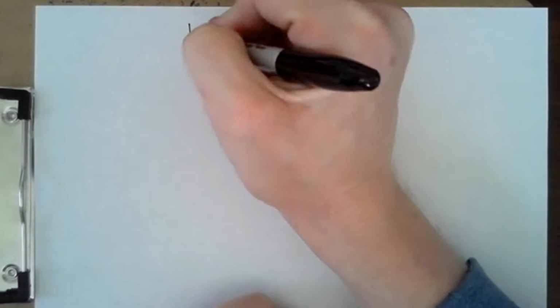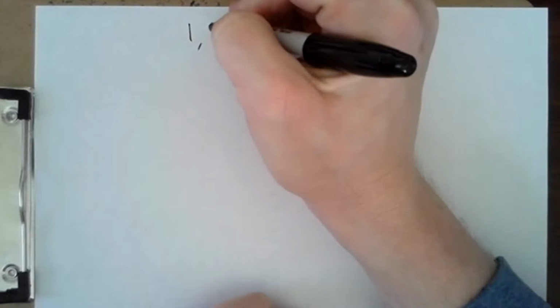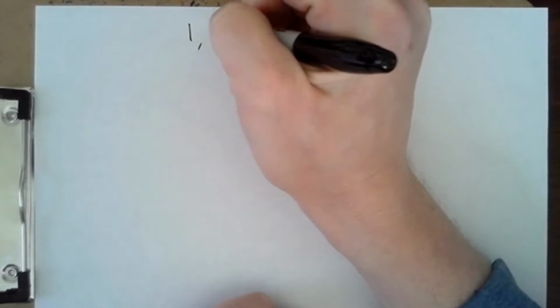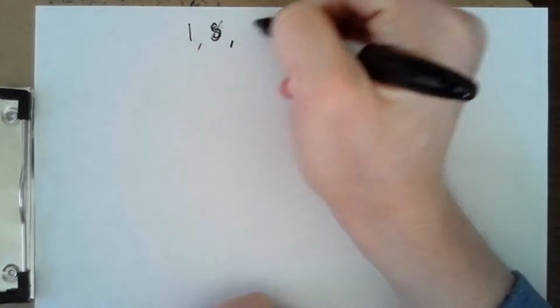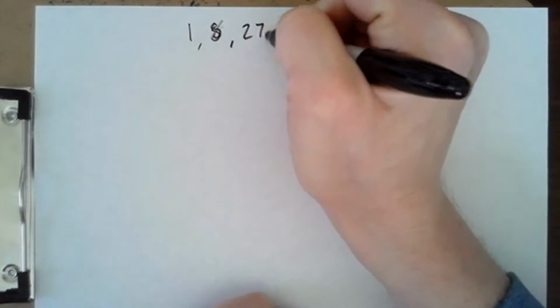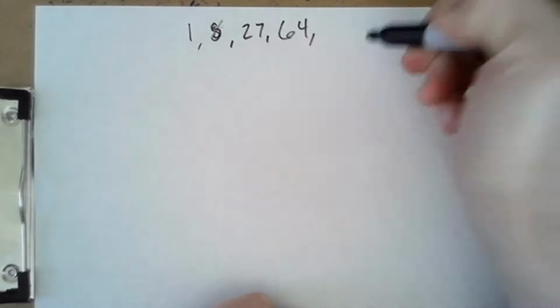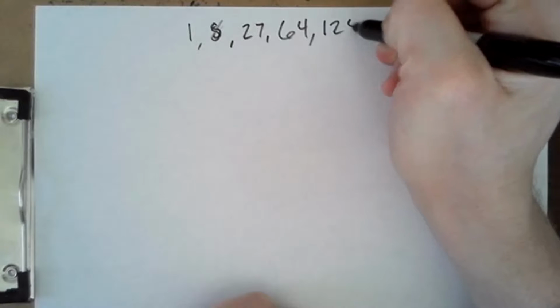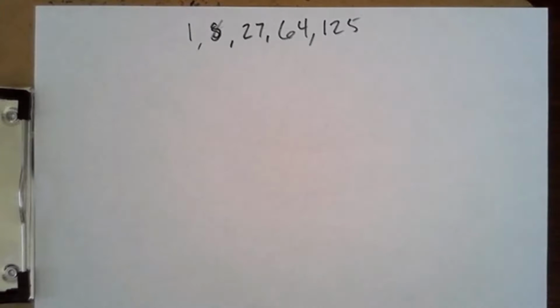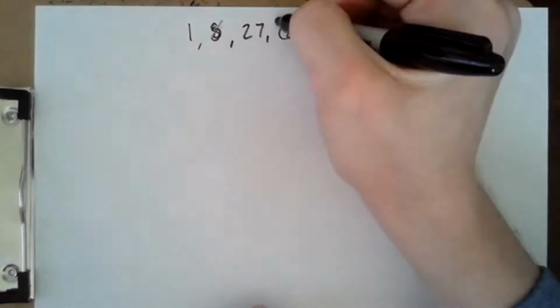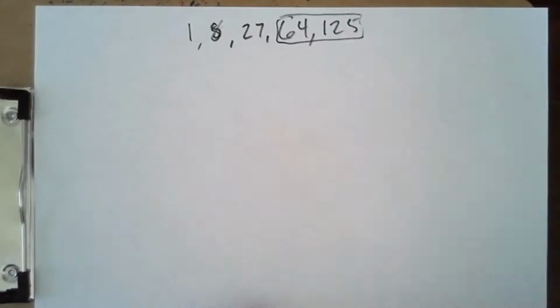Well, the first thing we'll do is just list a bunch of cubic numbers. We start with 1, and then 2 cubed is 8, 3 cubed is 27, 4 cubed is 64, and 5 cubed is 125. So we know that 120 falls between 64 and 125.